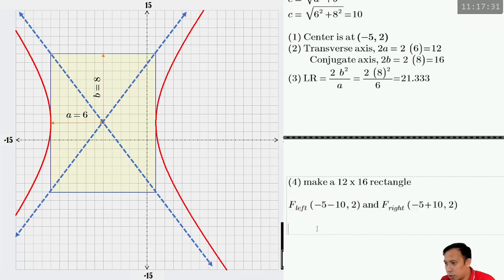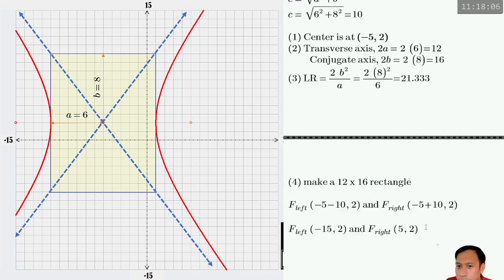Or, they are located at negative 15 at saka positive 5. Okay, so negative 15 and positive 5. If i-locate natin yan, negative 15, 2, and 5, 2. Ito yung mga focus, no?